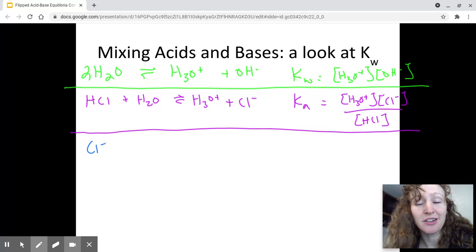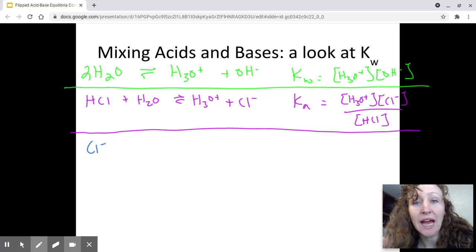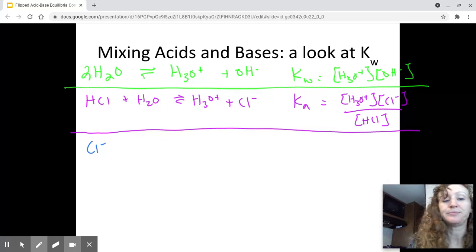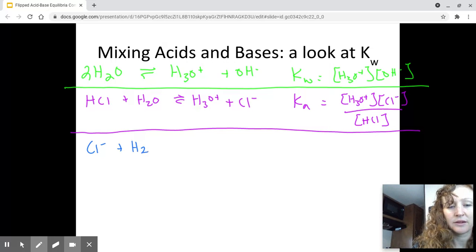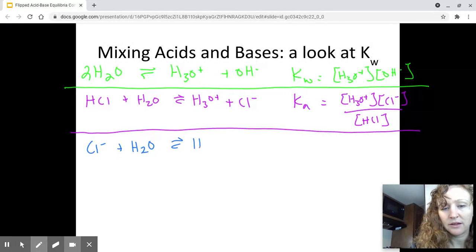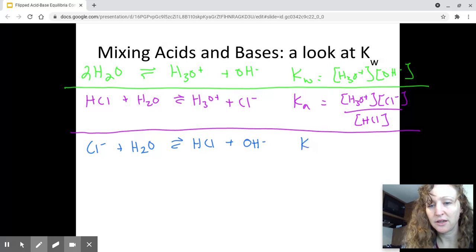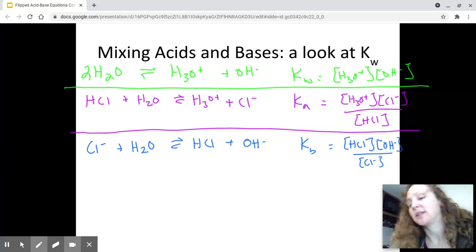So again, third time, go ahead, pause the video here, write the reaction for the chloride ion in water acting as a base and the associated Kb. All right, so there's my reaction. My Kb equation is going to be products over reactants, ignoring anything that's a solid or a liquid.